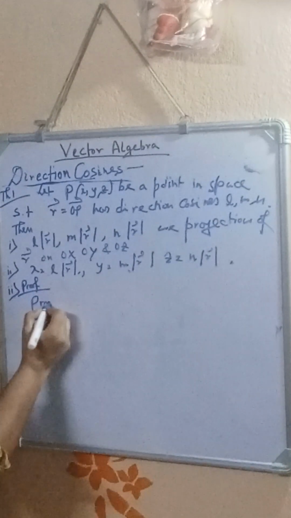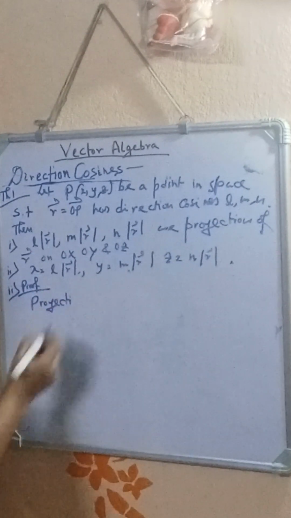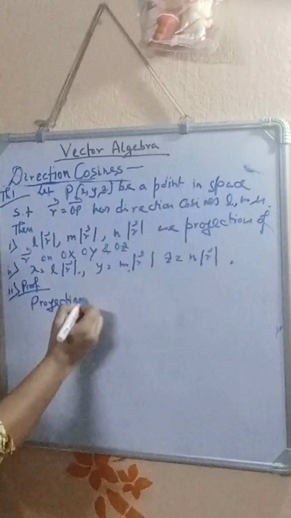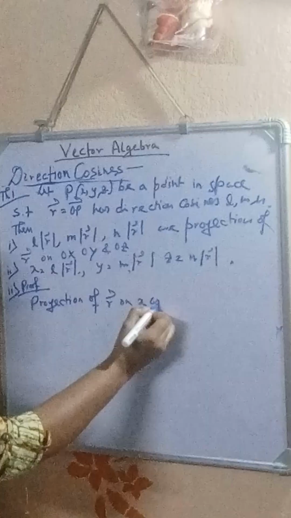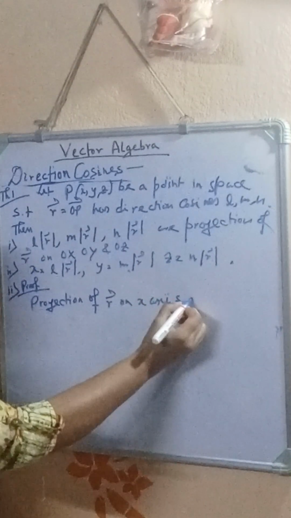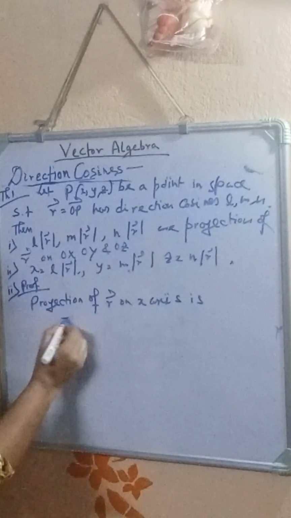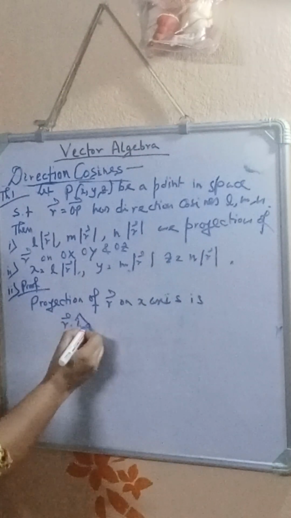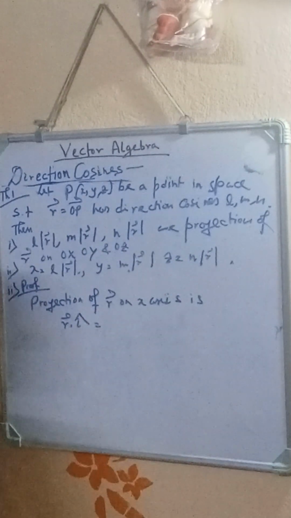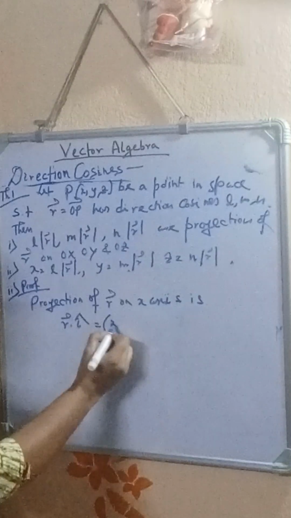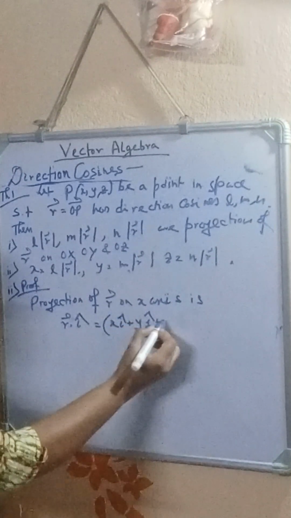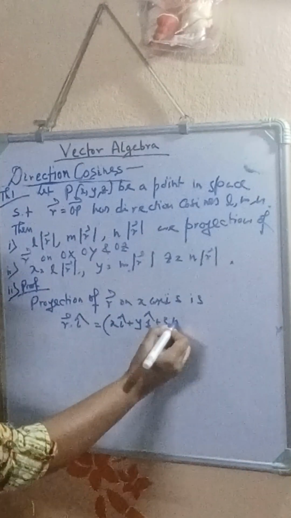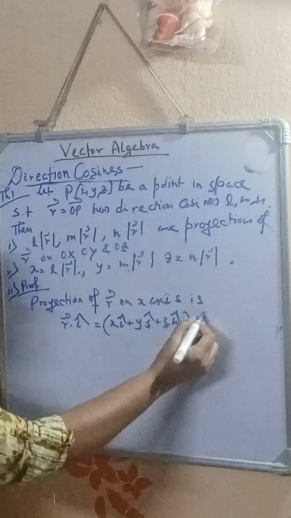The projection of r vector on the x axis is r vector dot i cap, which is (x i cap plus y j cap plus z k cap) dot i cap.